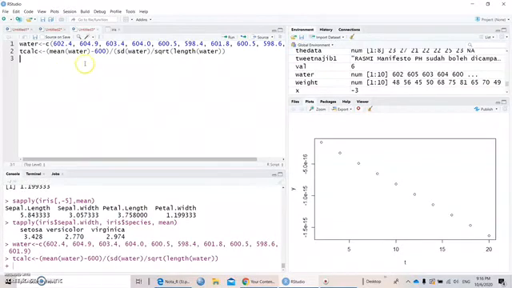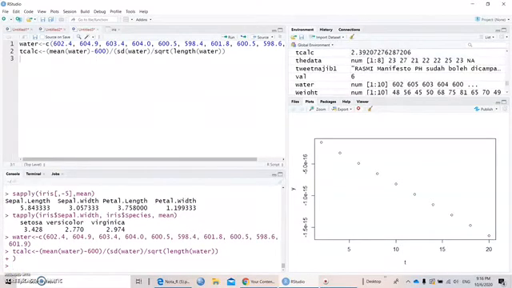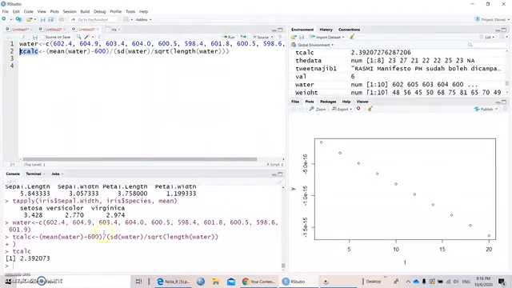Run. Oh sorry, I forgot to put the bracket here. So the value of t calc, if I run here, is equal to 2.392073.